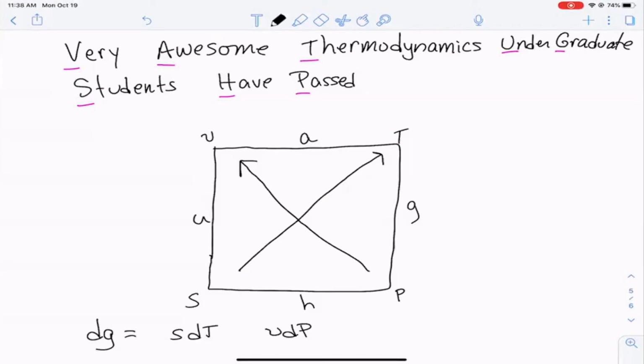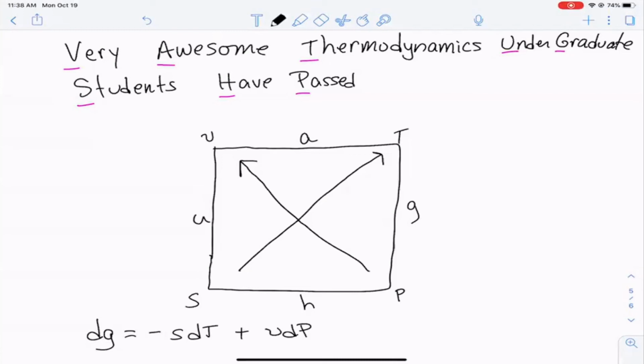If the arrow is pointing towards the first term, it's positive. And if it points away from it, it's negative. So obviously we're pointing away from the S, so that's negative, and we're pointing towards the volume, and so that's positive. And if you look back in our notes, that was the differential for the Gibbs free energy.